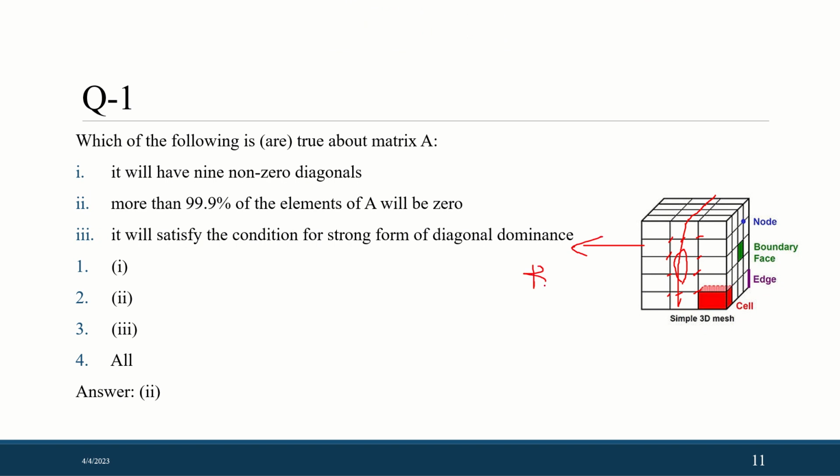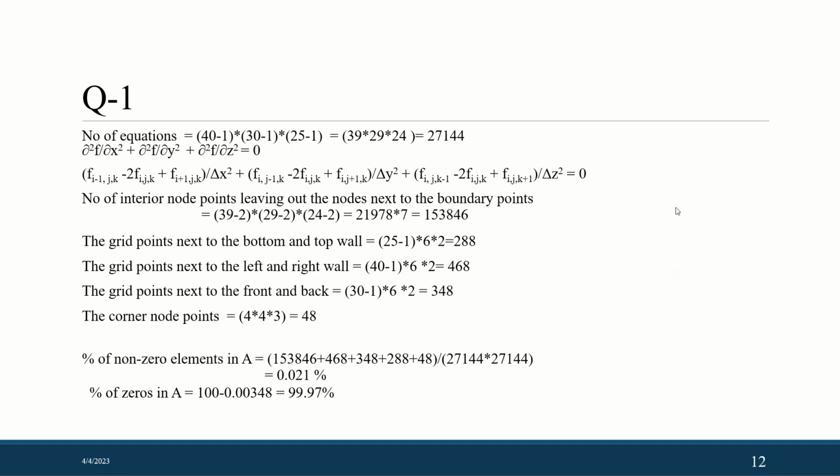When we are dealing with the boundary phase in 3D, similarly this one is taken from this edge or boundary grids, because we have left out the boundary, and this is the interior grid next to the boundary. So the interior ones we have taken come to around 21978.